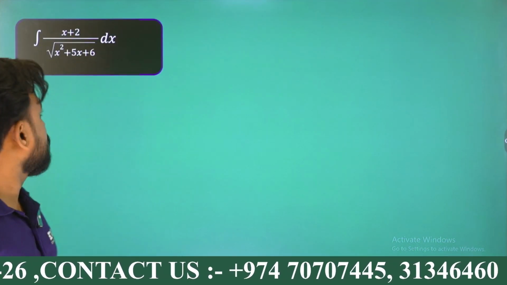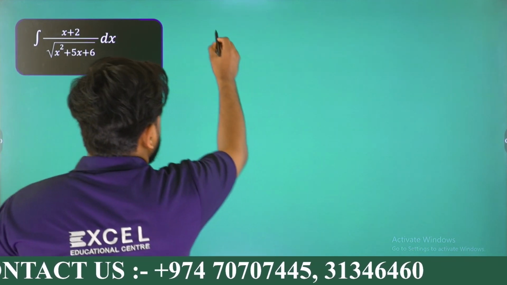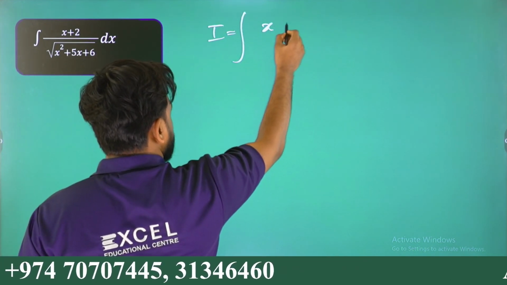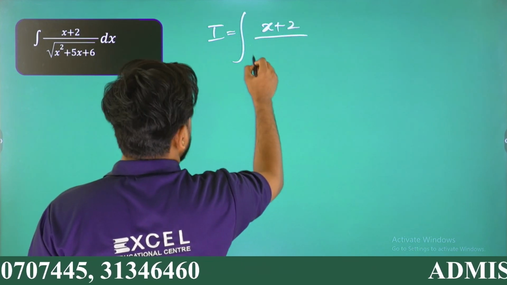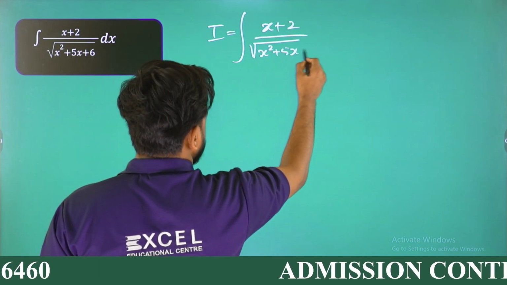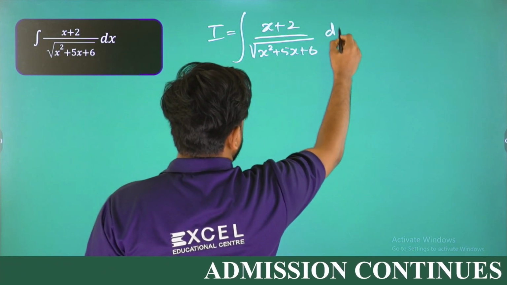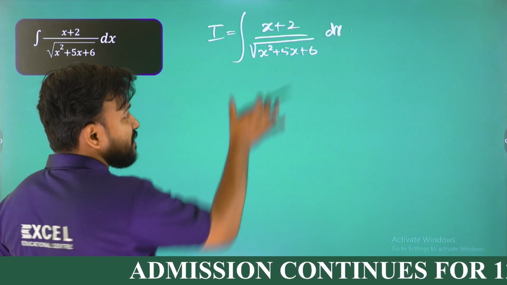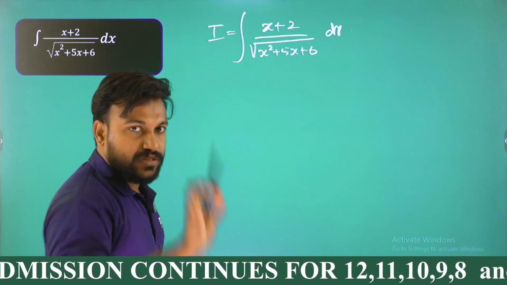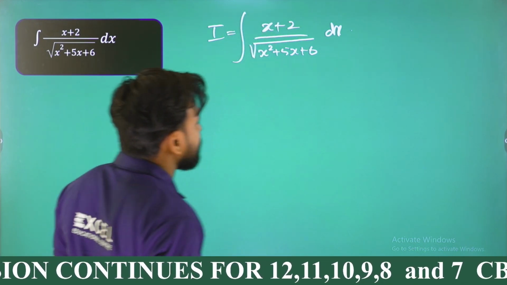So this is the question. I is equal to the integral of x plus 2 by root of x square plus 5x plus 6 dx. The denominator is fine, a second degree polynomial with root, but the numerator is what? x plus 2.